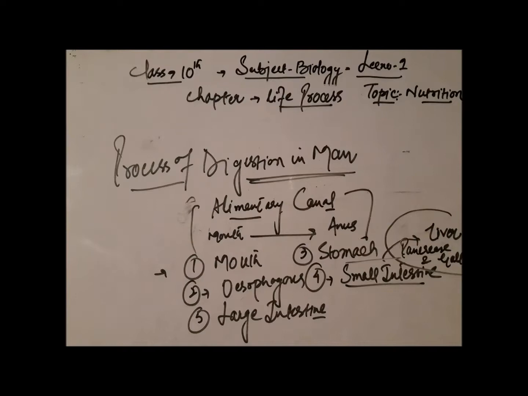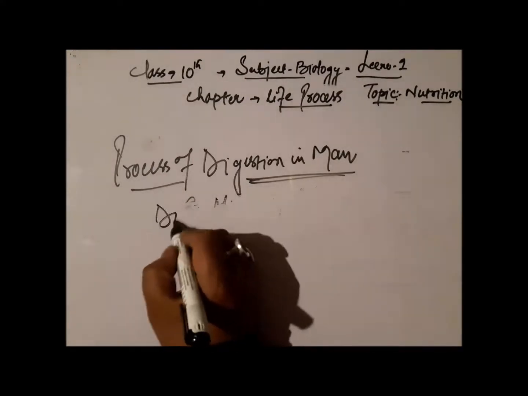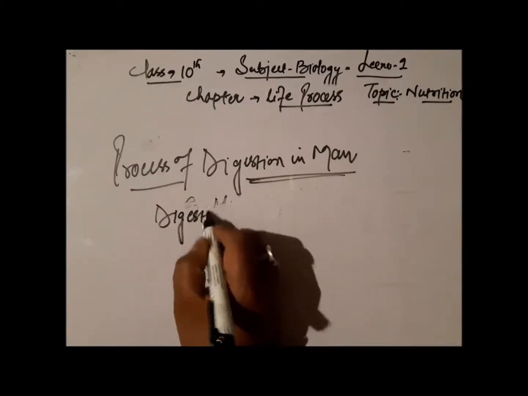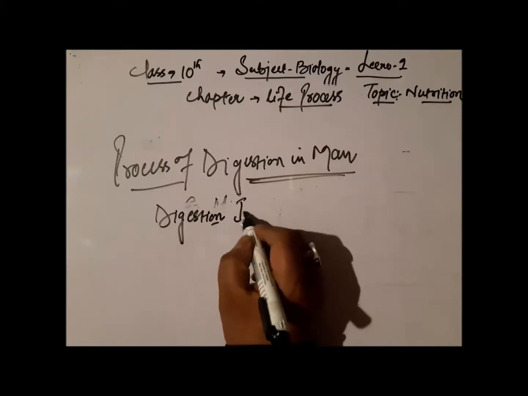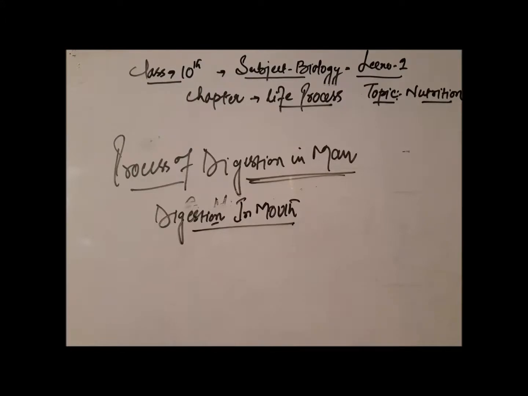Now the first part in the process of digestion in man is the mouth. That means the first step involved in the digestion in man is the mouth. So we will say digestion in mouth.